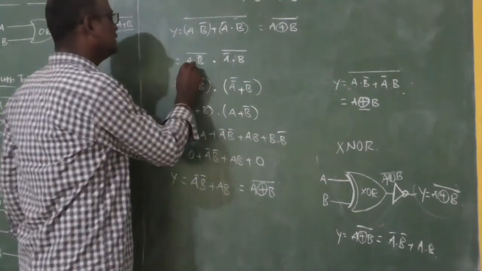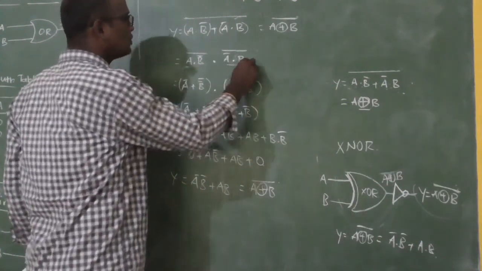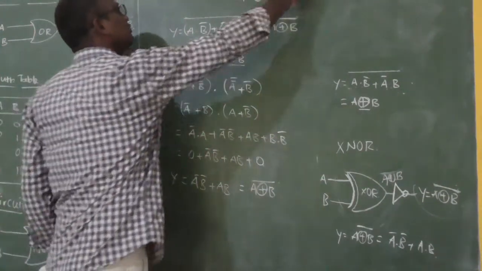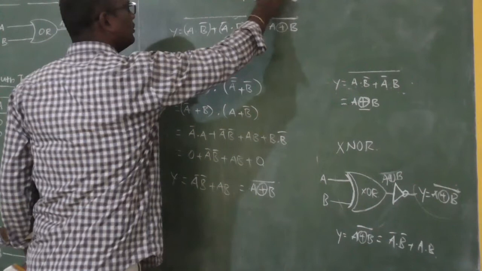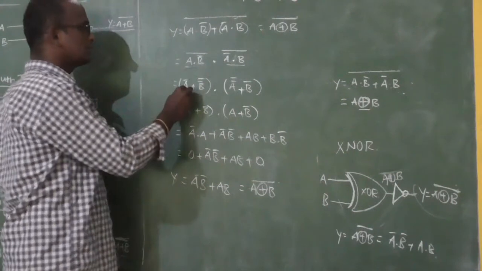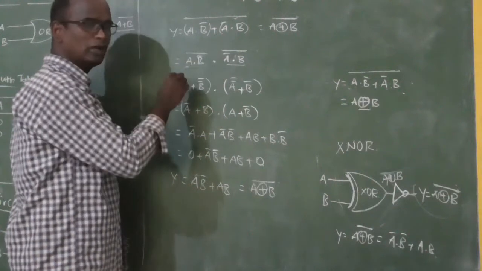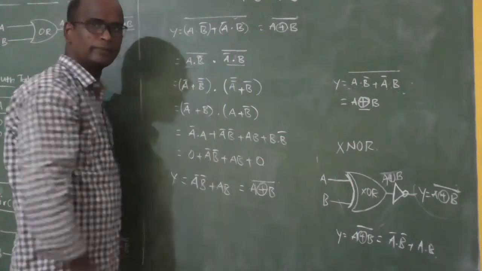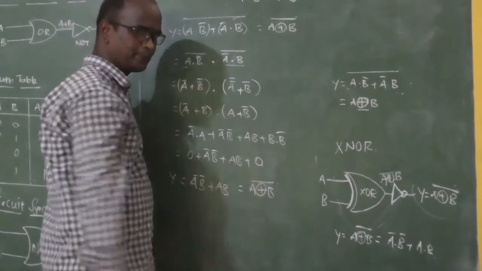Once again, the interior part of both expressions will be simplified by De Morgan's first theorem. That means a dot b whole bar becomes a bar plus b bar. Similarly, a dot b bar whole bar changes to a bar plus b bar of bar, and here it is a bar of bar plus b bar.